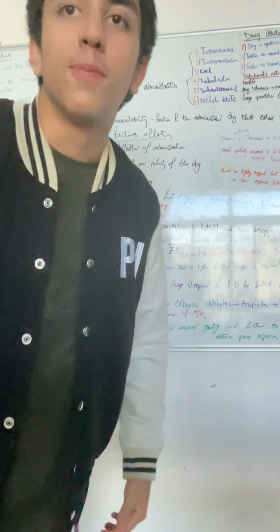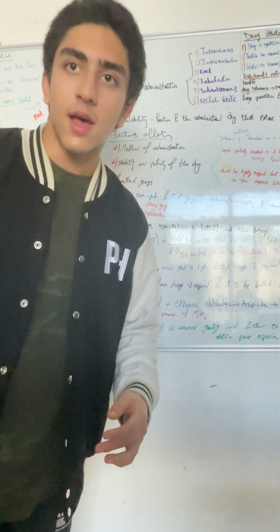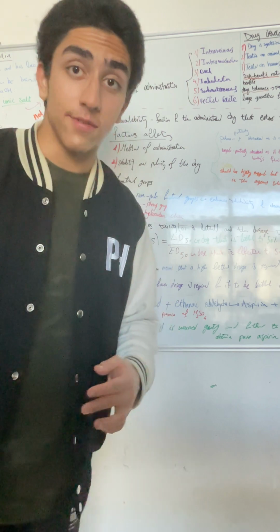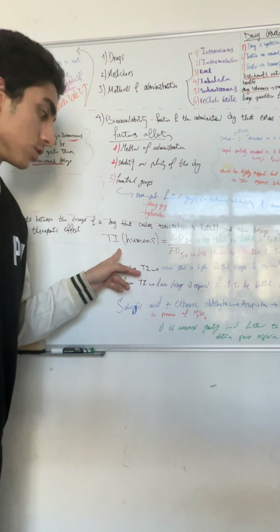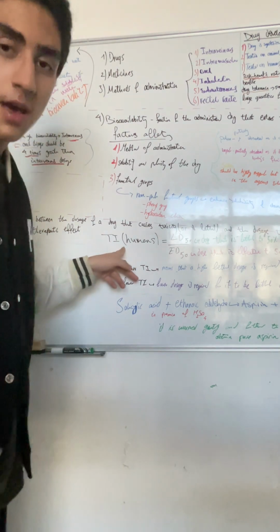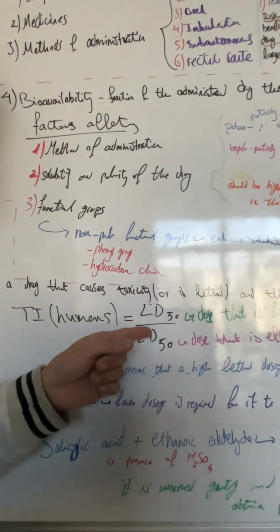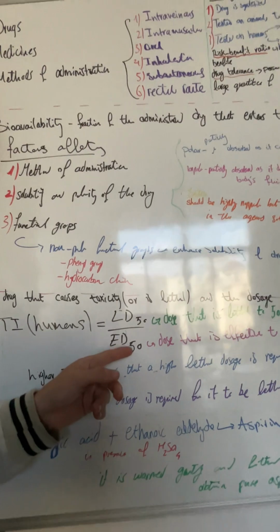So over here, the therapeutic window is the range of dosage between the minimum amount of drug that produces the desired effect and a medically unacceptable adverse effect. And so you'll calculate the therapeutic window or the therapeutic index through this formula right here. That's the lethal dosage over the effective dosage.